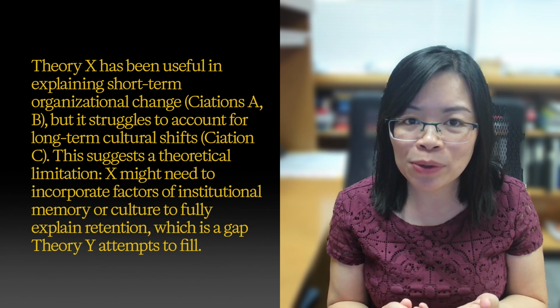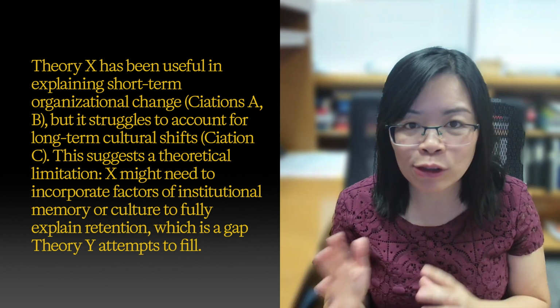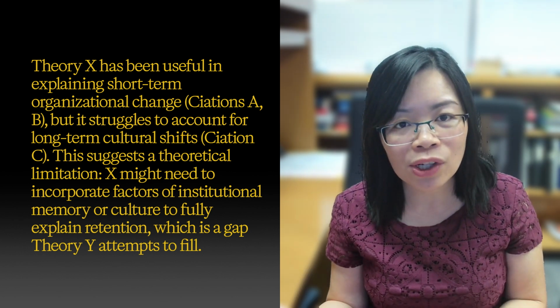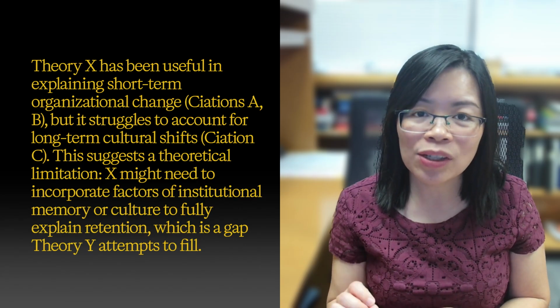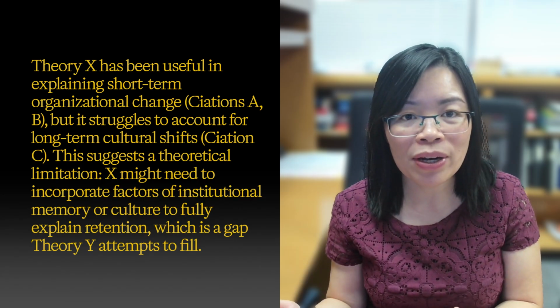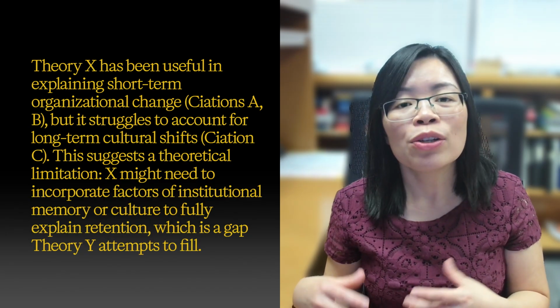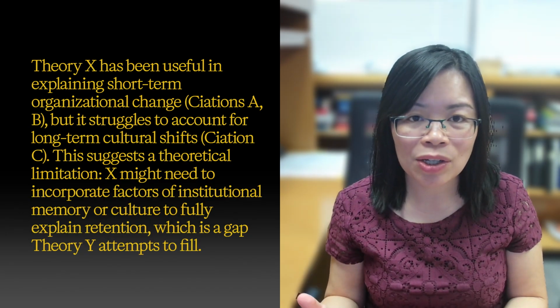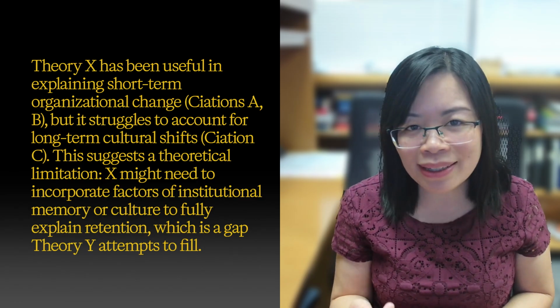Theory X has been useful in explaining short-term organizational change, but it struggles to account for long-term cultural shifts, as noted by author C. This suggests a theoretical limitation. X may need to incorporate factors like institutional memory or culture to fully explain relationships, which is a gap theory Y attempts to fill. You see the difference here?